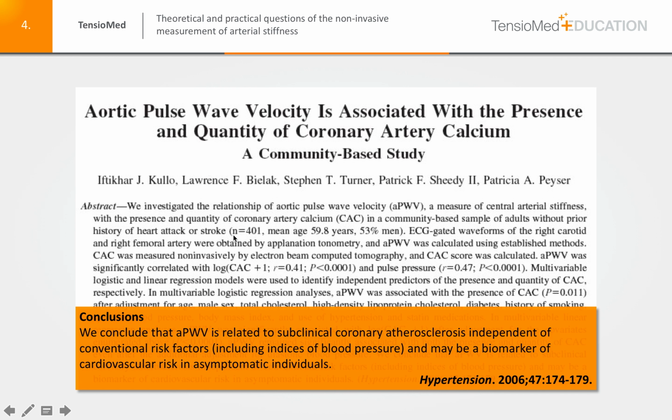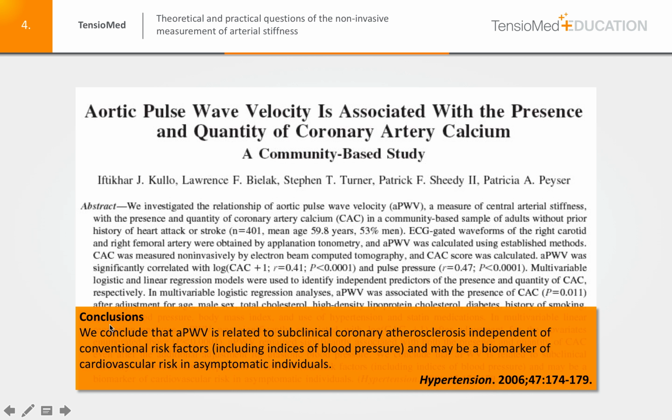Indeed, we have several papers confirming this formerly mentioned relationship. In this paper in Hypertension, published a couple of years ago, the aortic pulse velocity was assessed regarding the presence of coronary arterial calcium assessed by magnetic resonance.